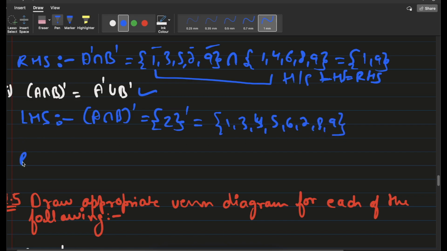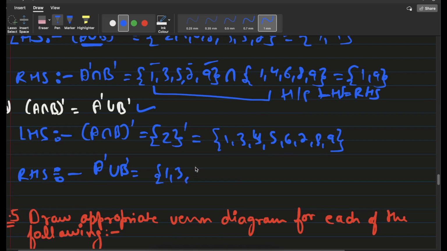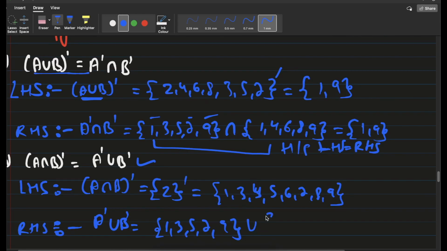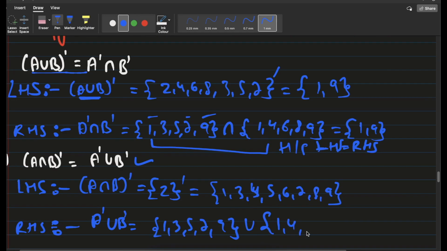Now let us find RHS. What will be RHS? A complement union B complement. What is A complement? 1, 3, 5, 7, 9. And what is B complement? 1, 4, 6, 8 and 9.